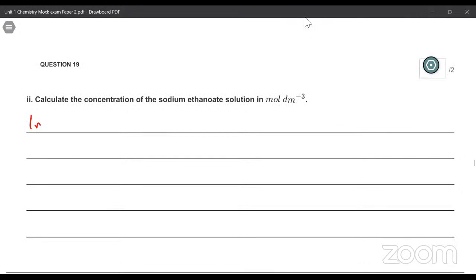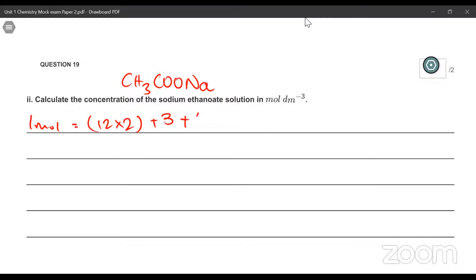Now 1 mole of sodium ethanoate, CH3COONa, we have 2 carbons, so 12 times 2 plus 3 hydrogens plus 16 times 2 for the oxygens, and 23 for sodium. So 1 mole is equal to 24 plus 3 plus 32 plus 23. That's 82, I think, yeah.